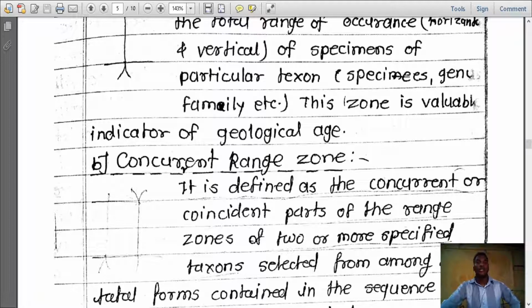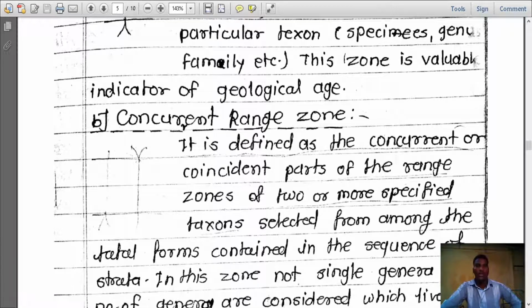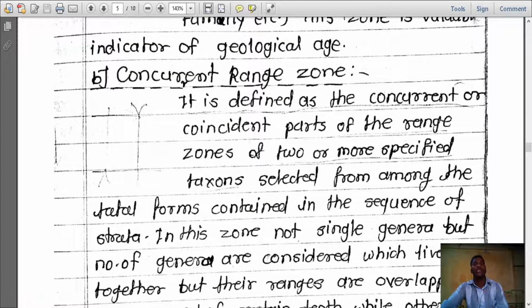It is defined as the concurrent or coincident part of the range zones of 2 or more specified taxa selected from among the total forms contained in the sequence of strata. In this zone, not a single genus but a number of genera are considered.